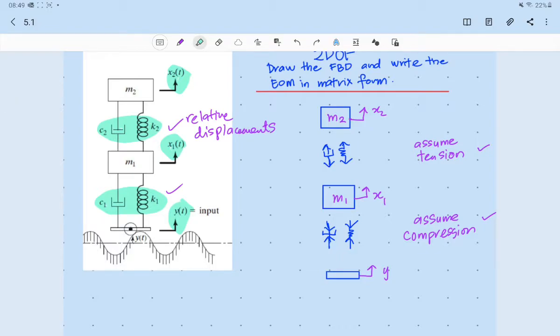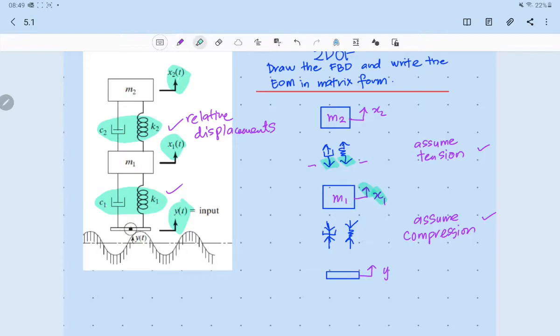So once you've decided the assumed direction for the relative displacements, either tension or compression, then you take a look at who gets positive or negative. Okay, so you can see that this side, both sides are related to x1 basically, so that one you will get negative. This side you will get negative because it's opposite, yeah.